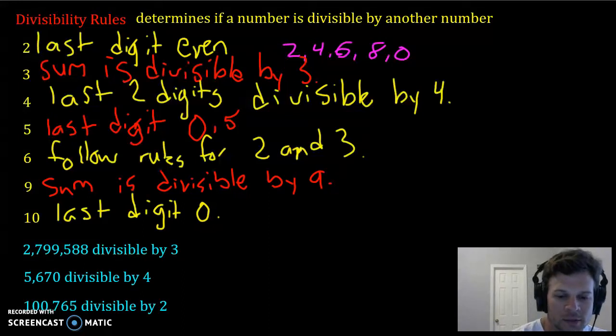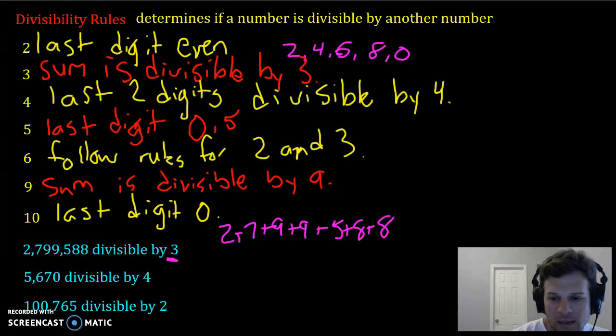2,799,588, is it divisible by 3? Well, our rule for 3 earlier was that the sum must be divisible by 3. So we have to take all of these digits and add them together. We're going to take 2, 7, 9, 9, 5, 8, and 8. 2 plus 7 is 9.